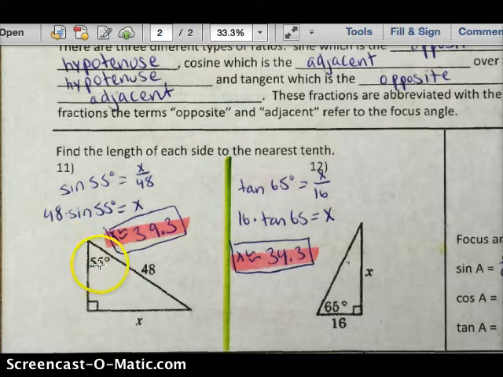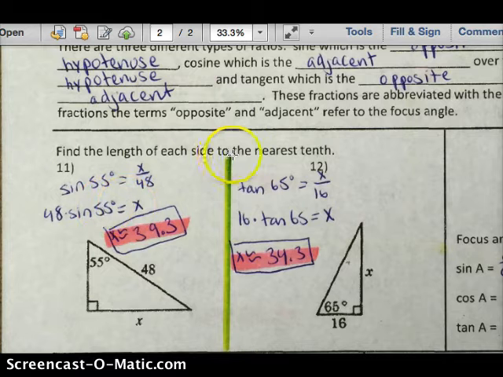Circle it, and then you have the opposite side, that's the O, and across the right angle is your H, the hypotenuse, so you have sine. Sine of 55 degrees is equal to the opposite over the hypotenuse. Here you're solving for a side, so you can just put this over 1 and cross multiply. When you do that, you get the equation x equals 48 times sine of 55. Here you have a calculator-ready equation.